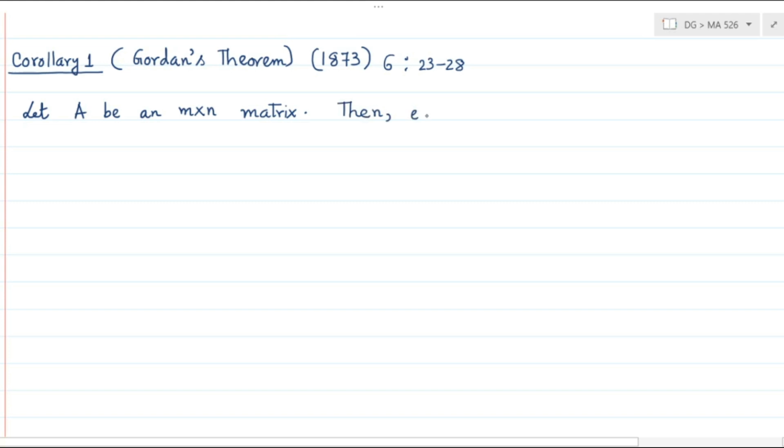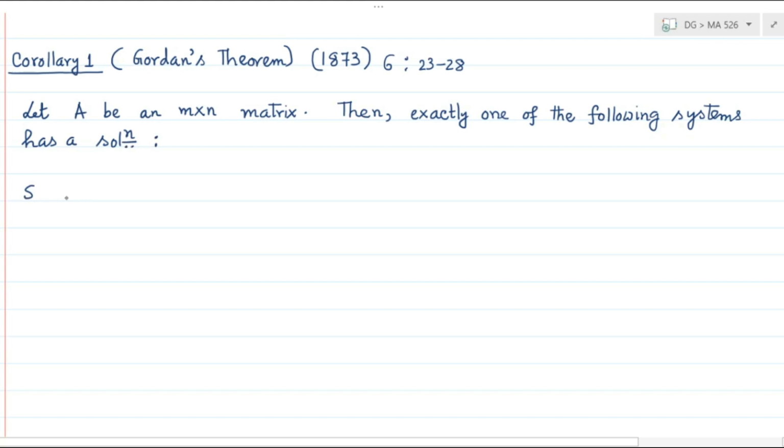Then exactly one of the following systems has a solution, not both. The systems are the following.